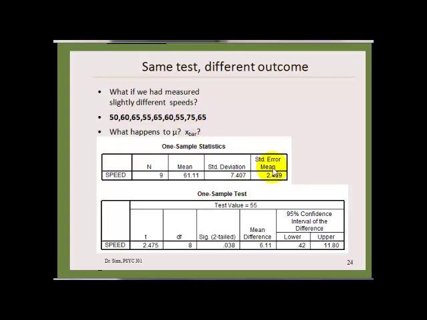So, but standard error is roughly the same, but the fact that we have a bigger difference here between the mean and that 55 miles an hour, reflected here in the mean difference, that now compared to the standard error, in other words, taking this 6.11 divided by 2.469, that gives us our t-value, right, over here.